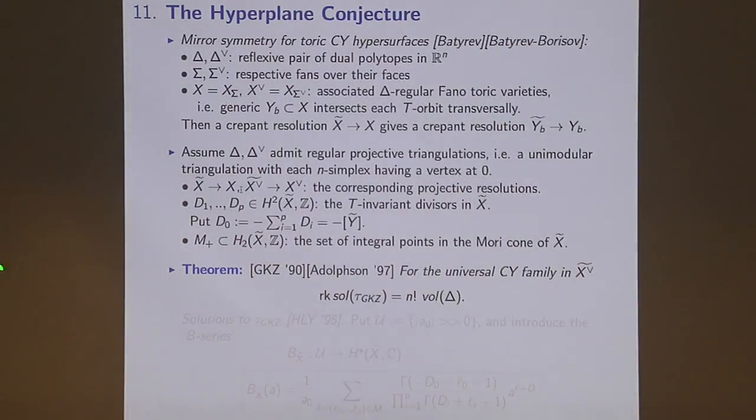Here is a theorem that goes back to GKZ, with a generalization due to Adolphson. It says that for the universal family of Calabi-Yau hypersurfaces in X tilde check, the solution sheaf of GKZ has a rank that is exactly given by this very nice formula, the normalized Euclidean volume of the polytope delta.